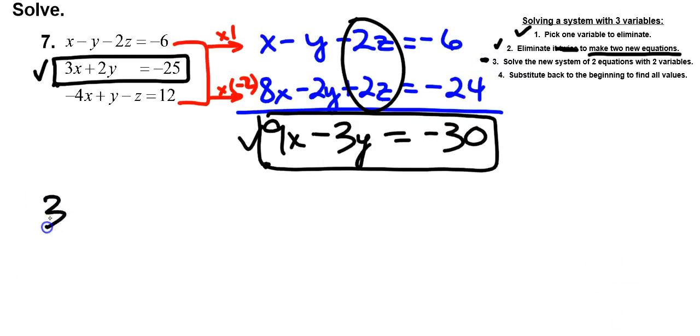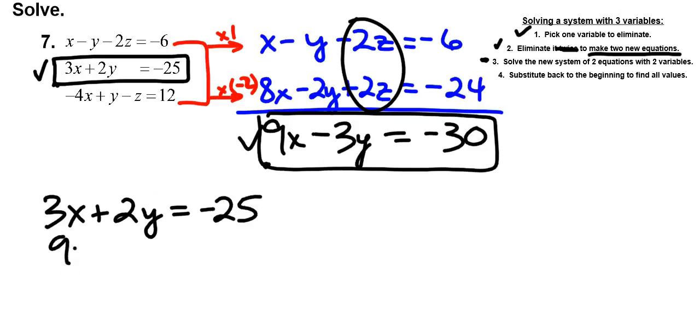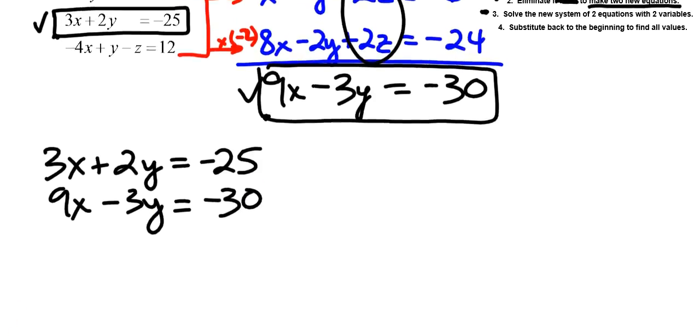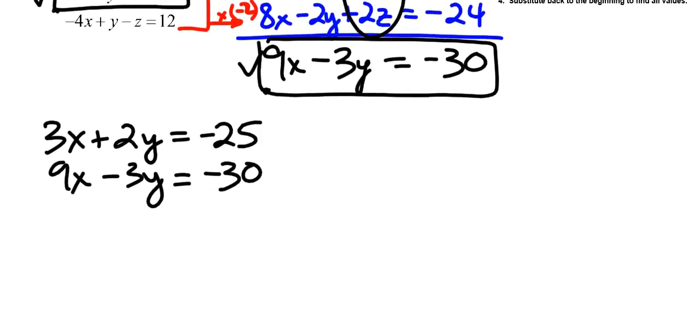So I've got 3x plus 2y equals negative 25. I've got 9x minus 3y equals negative 30. I can eliminate x or y.